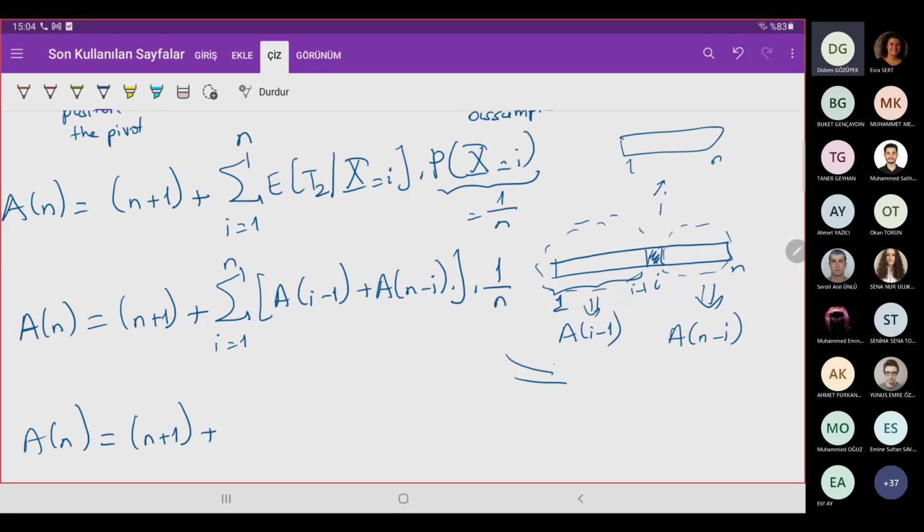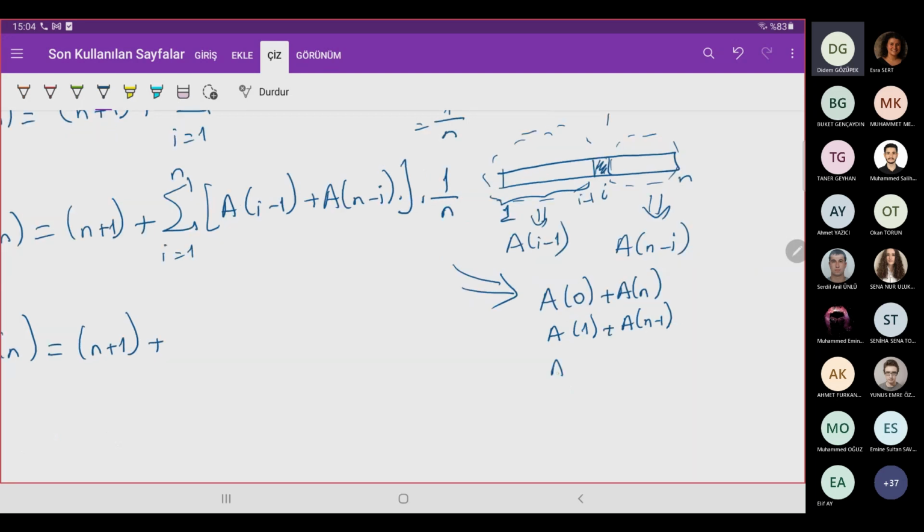Let's see, it starts from A_0 plus A_{n-1}, and then A_1 plus A_{n-2}, then A_2 plus A_{n-3}, etc., until A_{n-1} plus A_0.